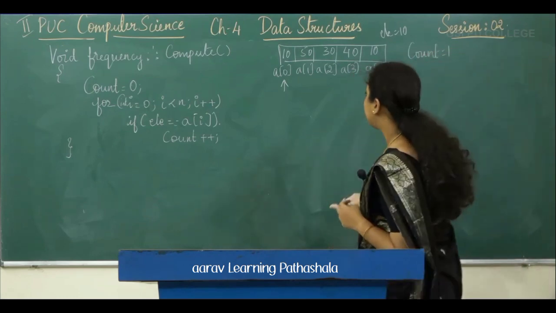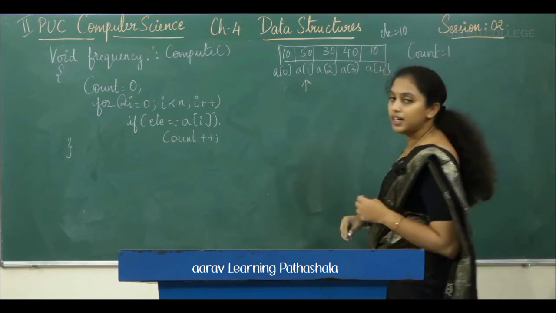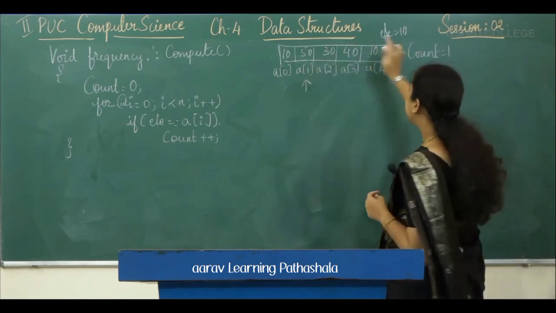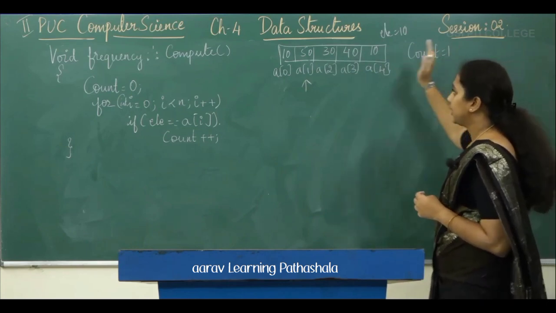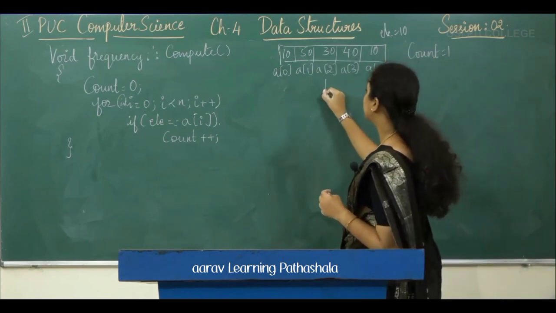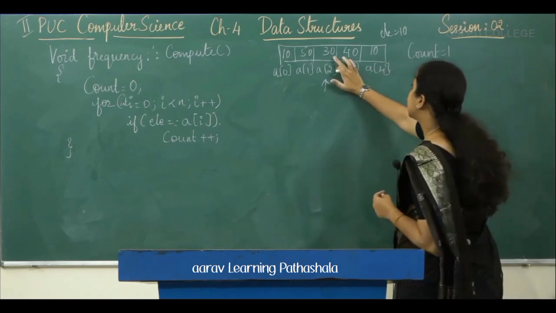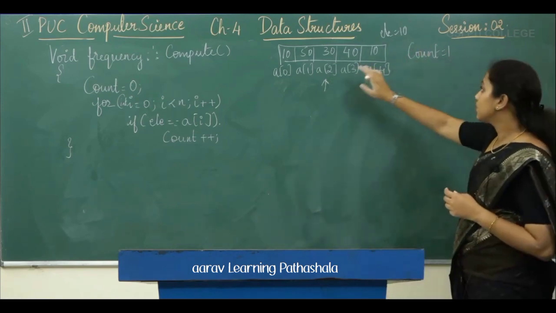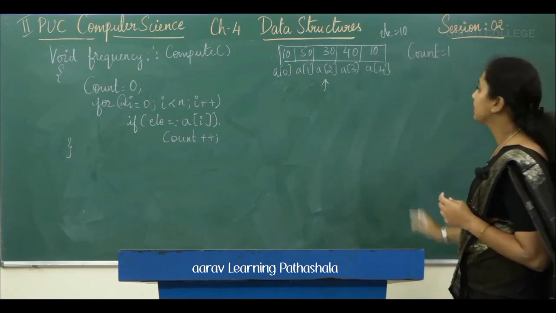Next I am going to compare with the second element of the array. 50 does not equal 10, hence count remains same. Next, the third element: 30 does not equal 10, hence count remains same.